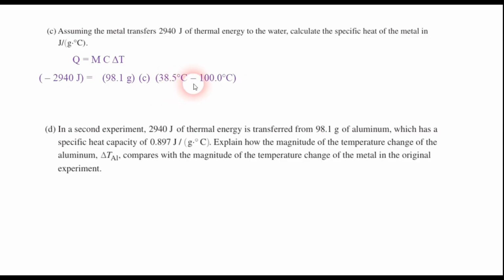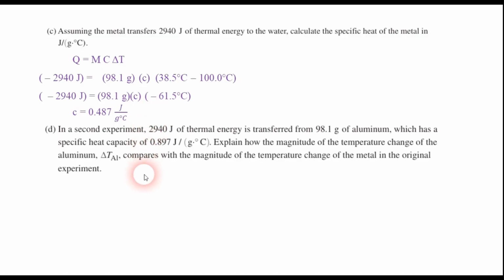It's 38.5 minus 100. So we have to be careful with our signs here. Let's subtract that first, and we find that the temperature dropped by 61.5 degrees. We can do a multiplication and a division, and we find that the value for c is 0.487 joules per gram degree Celsius. So that's the specific heat capacity of the metal.